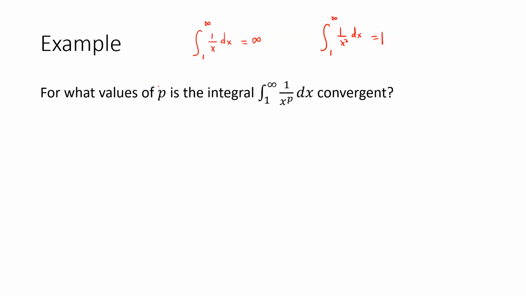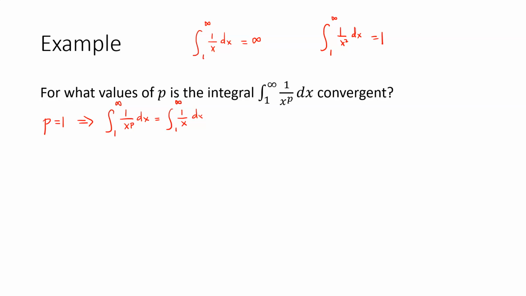So let's consider some different cases for p. In fact, one case we can already eliminate is the case when p is equal to 1. This will be a special case that we can eliminate here at the beginning, because we know that this case is divergent. Right?